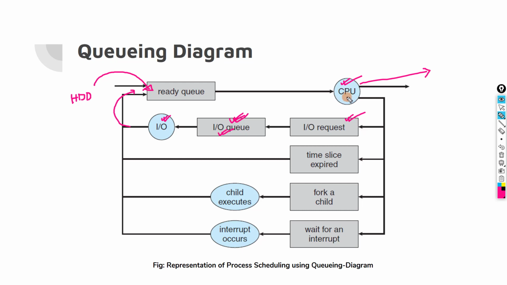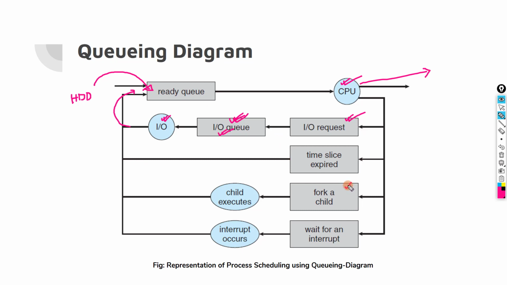So the process is given a time slice, or a specific amount of time to be executed in the CPU. If that time has passed, or the time allocated to the process has expired, then the process comes out of the CPU and again goes to the ready queue.